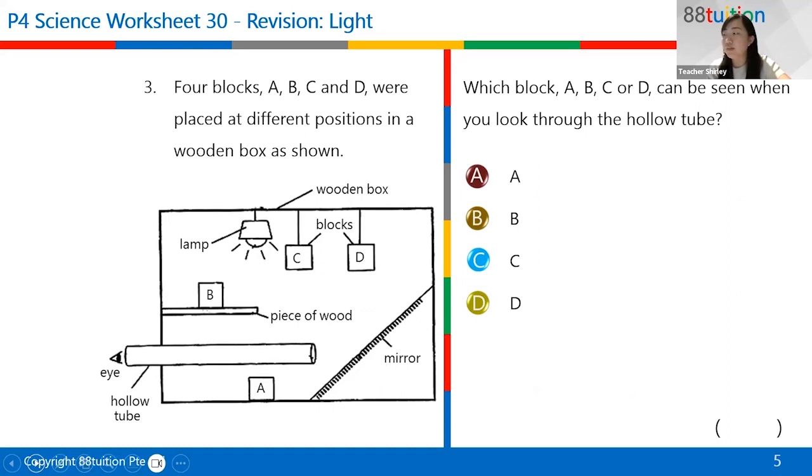Which block can be seen when you look through the hollow tube? Is it C? Okay, let's find out. Okay, now this is actually talking about the law of reflection. And one very important concept to know is that light travels in a straight line.